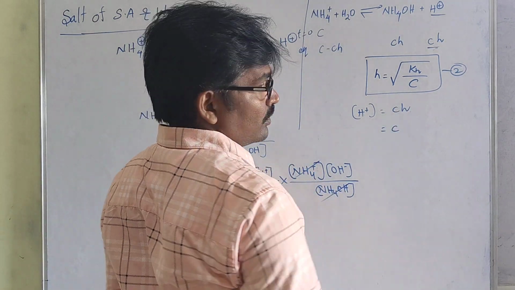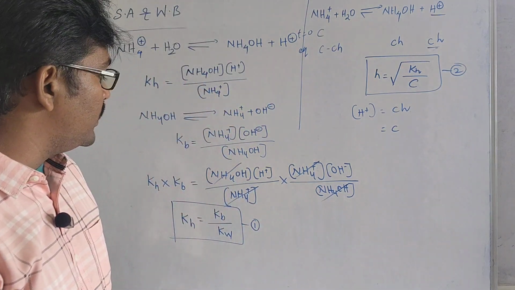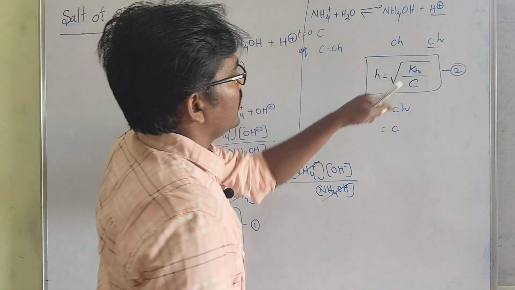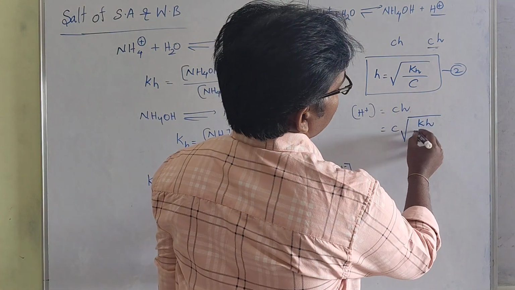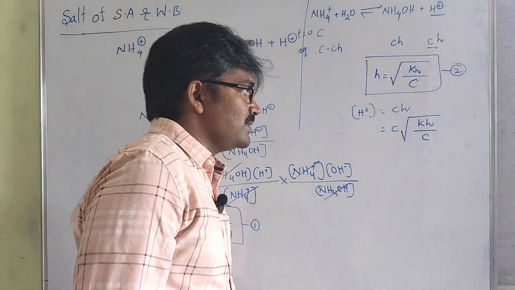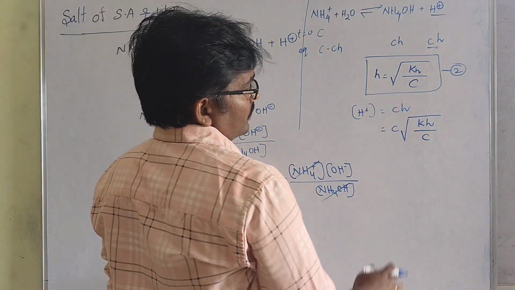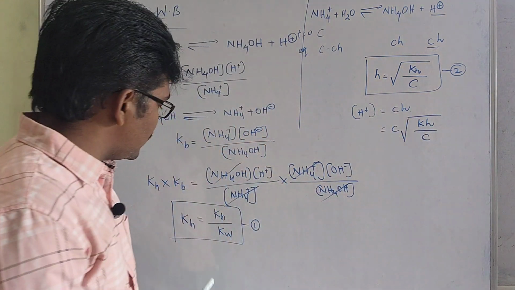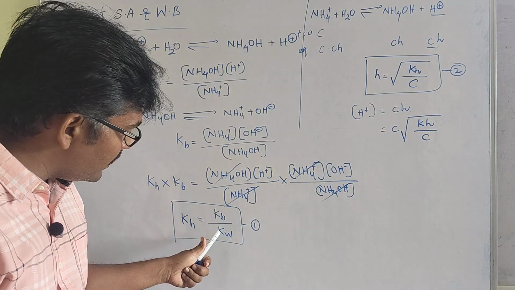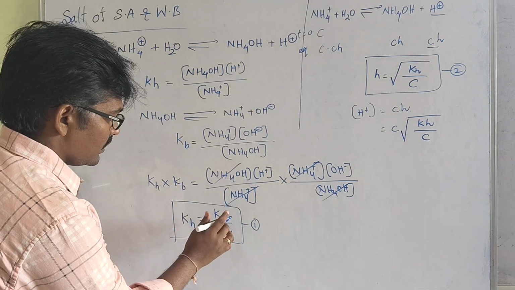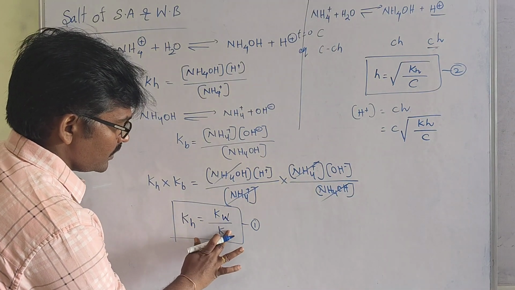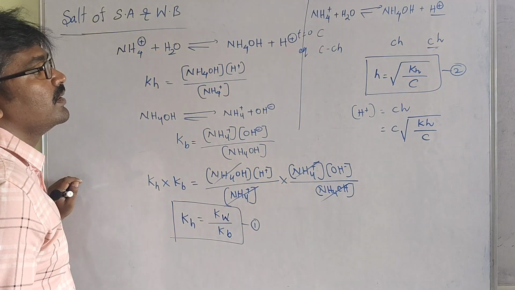Sir, C as usual, take it. So h value, substitute in it, so KH divided by C. Clear? Yes. So now KH, what will be there? KH equals Kw divided by Kb. Extremely sorry.